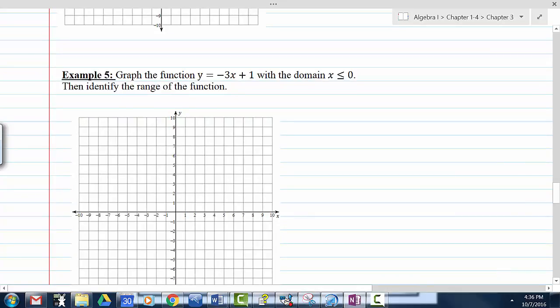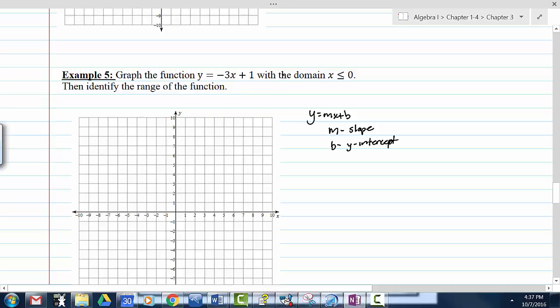Here, graph that function. We have this function right here, with the domain x is less than or equal to 0. So if I do that, first off, let me do my y equals mx plus b thing. Y equals mx plus b. Remember, m is your slope, b is your y-intercept, right?